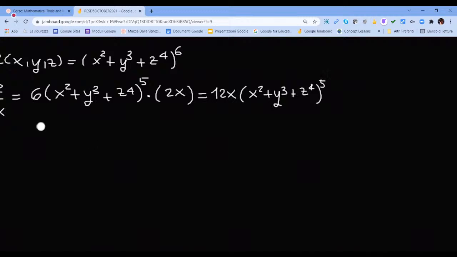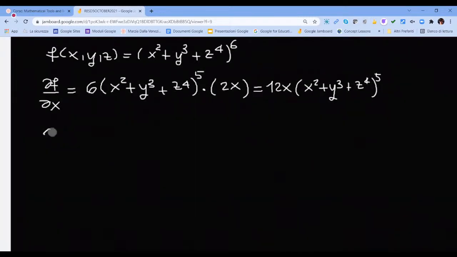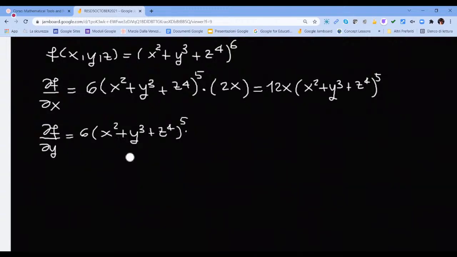Okay, so let's compute the derivative with respect to y. Again, it will be the same, because we have to derive, first of all, what is outside. This is a composition of functions, but then we have to multiply by the derivative with respect to y of the argument, that is what is inside the parentheses.